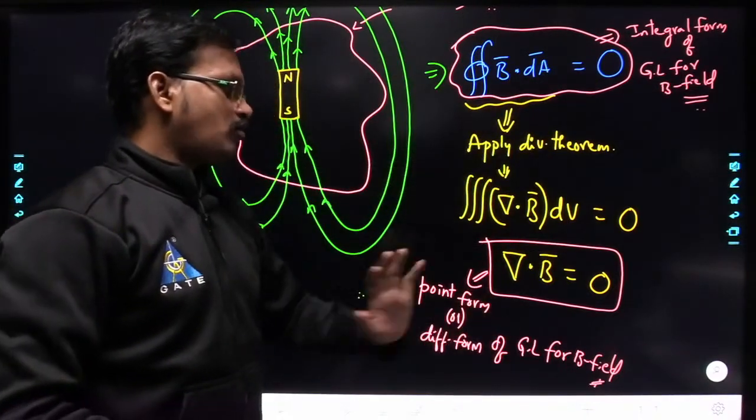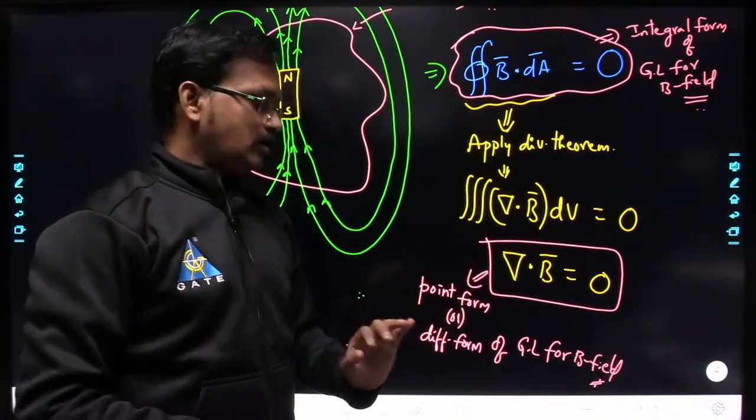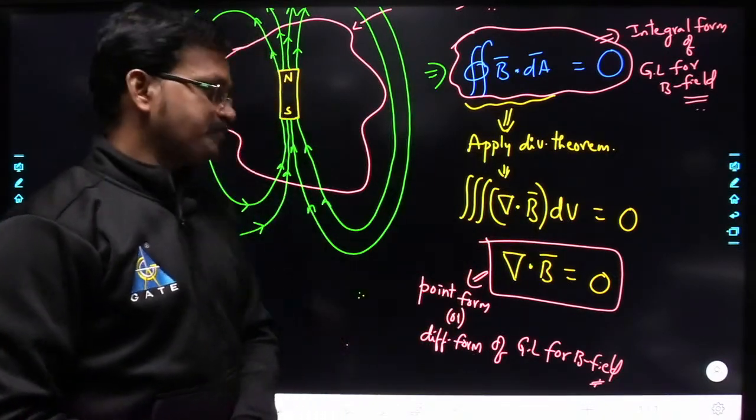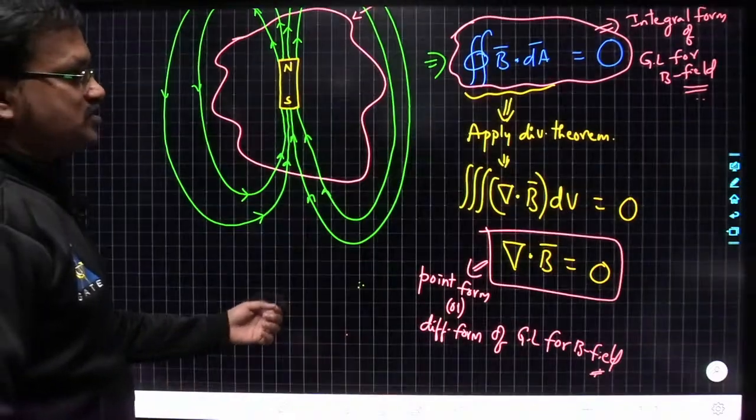So this is the integral form, and this is the point form or differential form of Gauss law for B field. Understood?